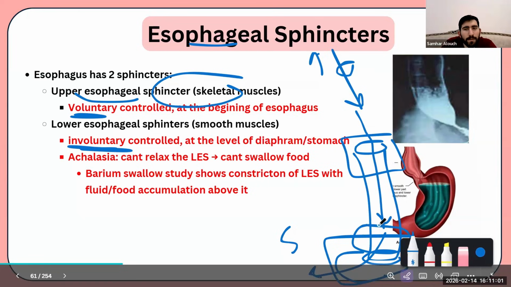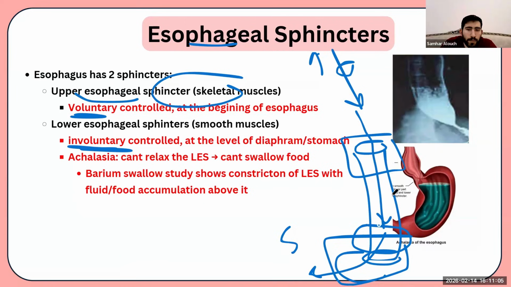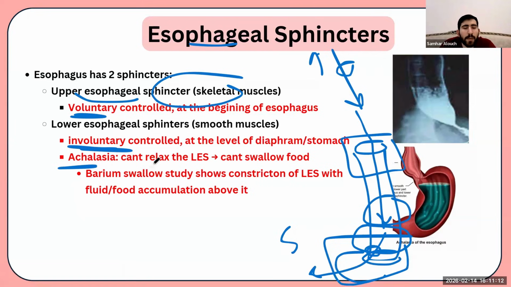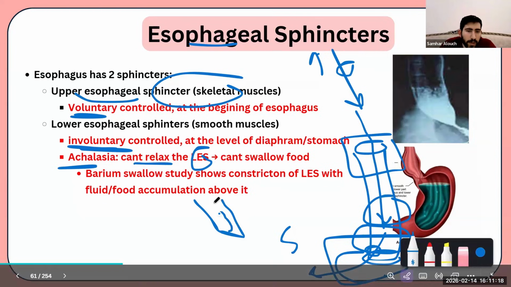Imagine the lower one is very strict and is not relaxing. The food will accumulate here and this part will be very narrow, and that's called achalasia. Achalasia is the inability of the lower esophageal sphincter to relax. It's going to be constricted all the time, and so the food will accumulate here.